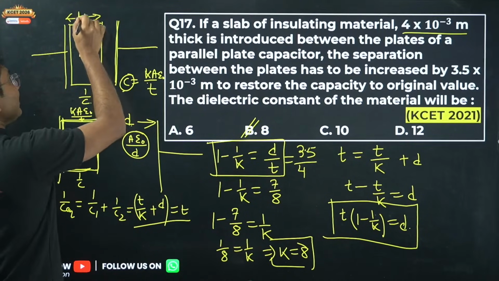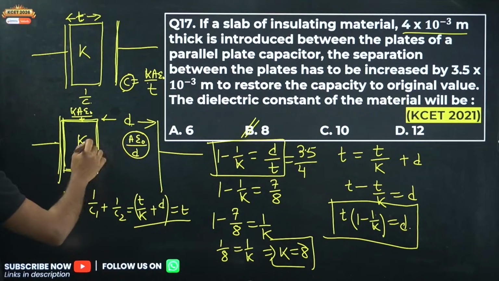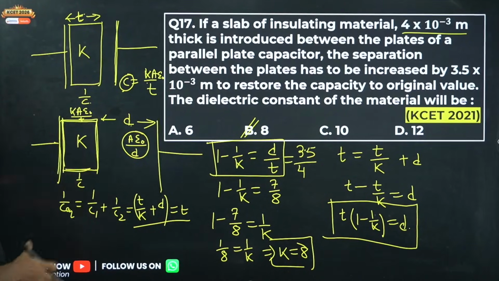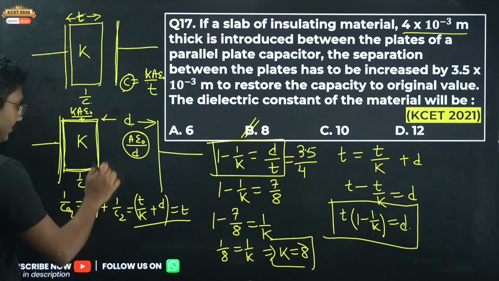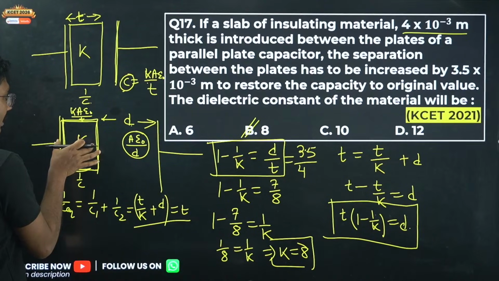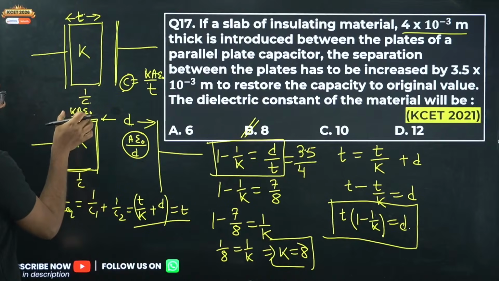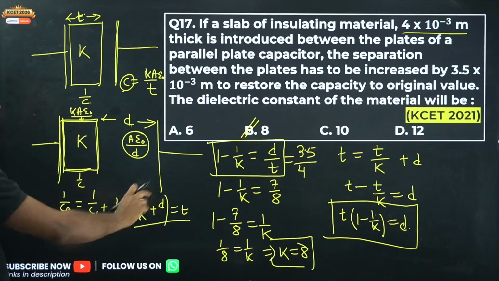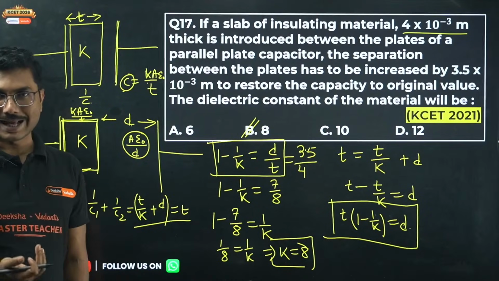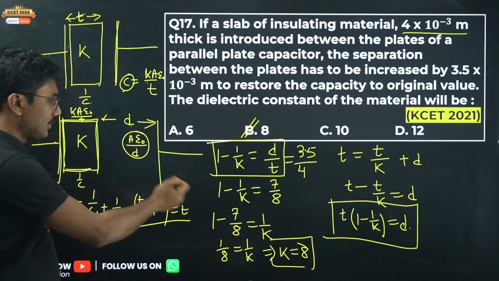So this one is with T, this one is with D. After increasing this distance, the overall capacitance remains constant. So overall capacitance remaining constant means the series combination of this capacitor plus this capacitor should be equal to this capacitor, and this capacitor is exactly equal to this. So if you compare these two equations, K epsilon naught by D will cancel, A epsilon naught by D will cancel, and you will get this relation.